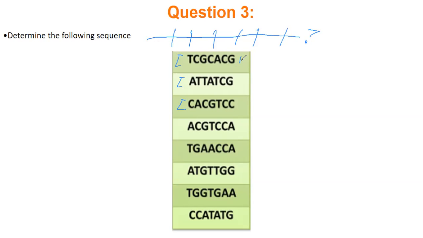It's going to take the first sequence and say, okay, our first sequence is T, C, G, C, A, C, G. Does anything match up with this? Well, our second sequence kind of does. Our second sequence has a TCG, and before that, we have ATTA. So that's our second sequence.